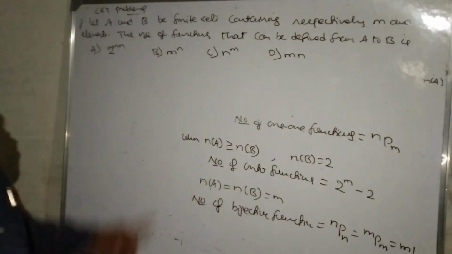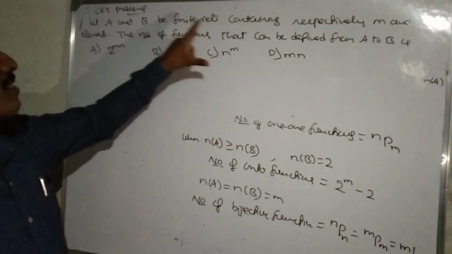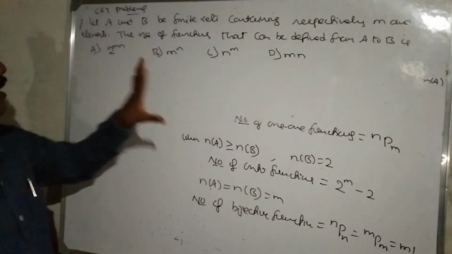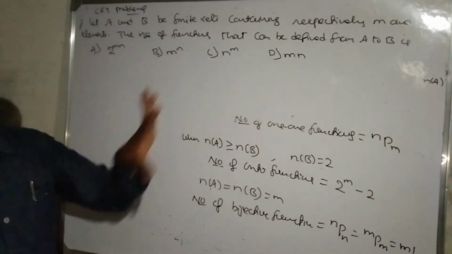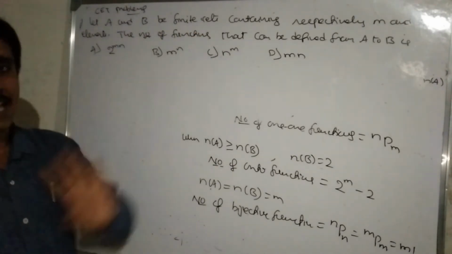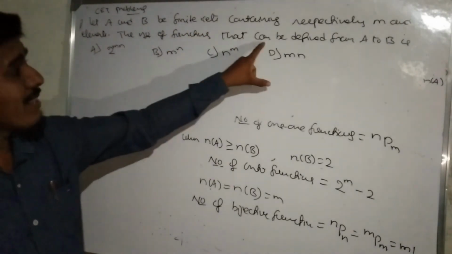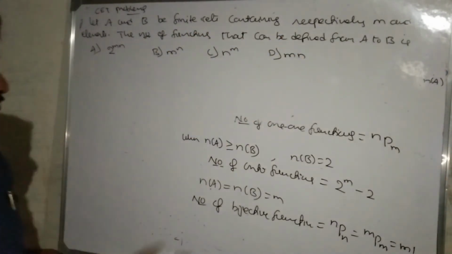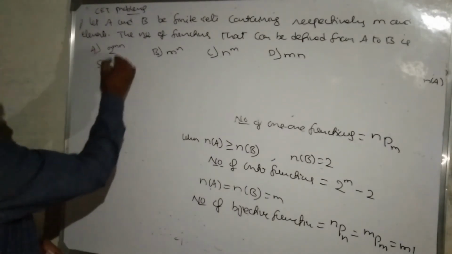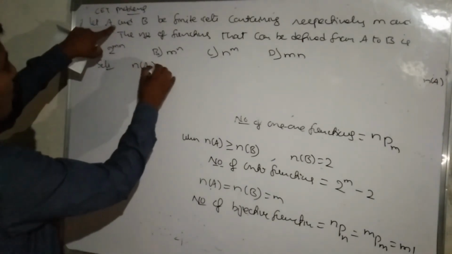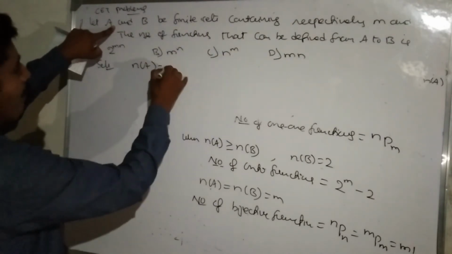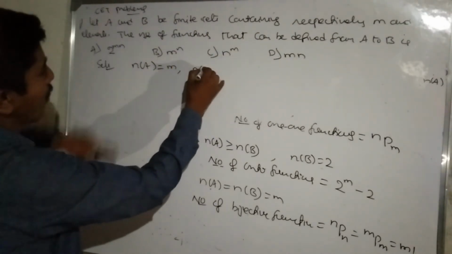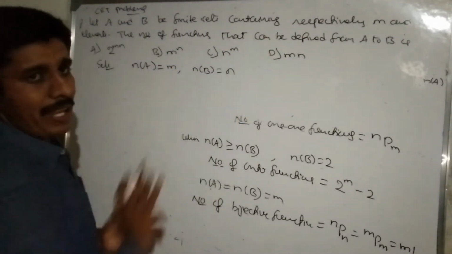Read the problem carefully. Let A and B be finite sets containing respectively m and n elements. A contains m elements and B contains n elements. Then the number of functions that can be defined from set A to set B. So the number of elements in set A equal to m, and the number of elements in set B equal to n.